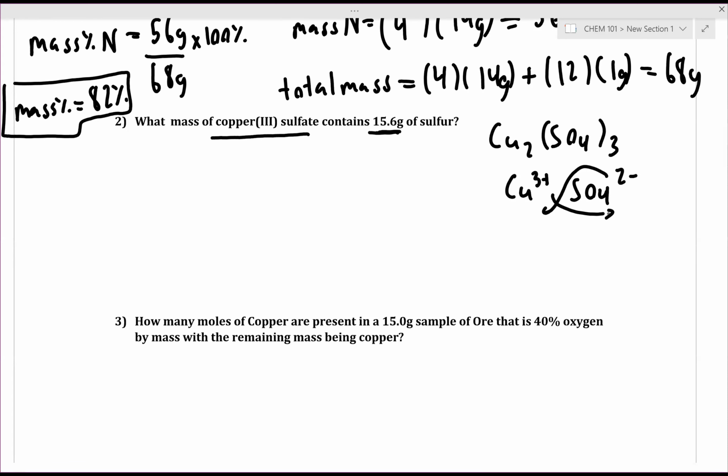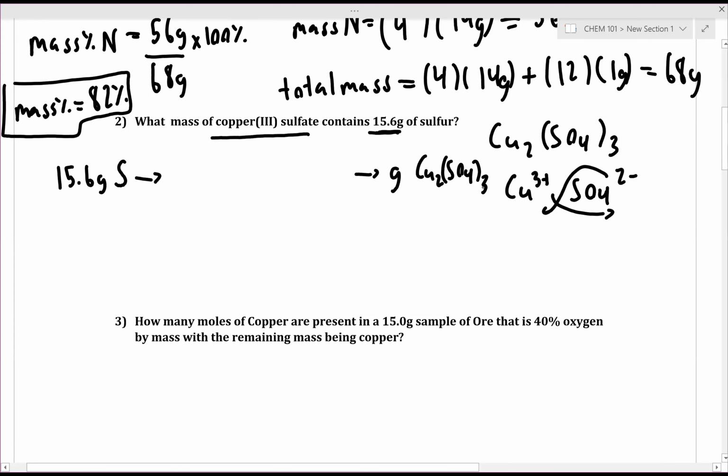Now that we have this information in hand, let's set up a solution map. So we're starting off with 15.6 grams of sulfur, and in the end, we want to report the grams of copper sulfate. To accomplish this, what units will we have to go through? Moles, right? Yeah. So let's be specific here.